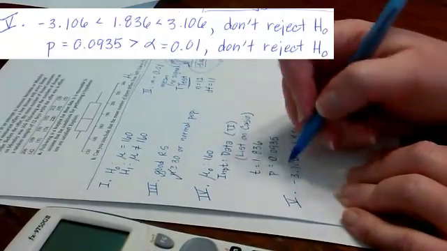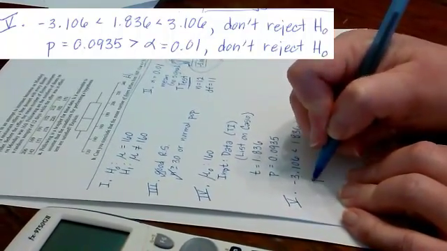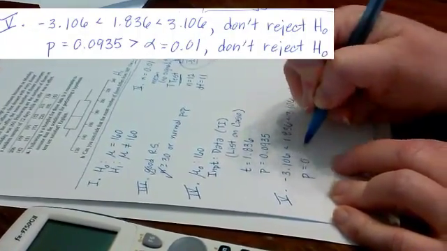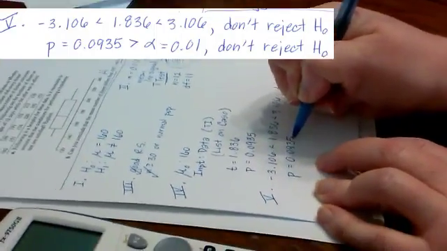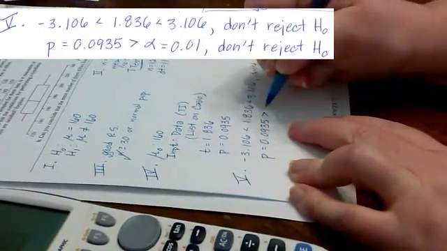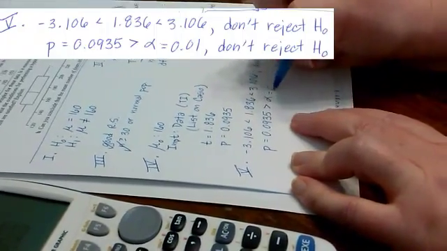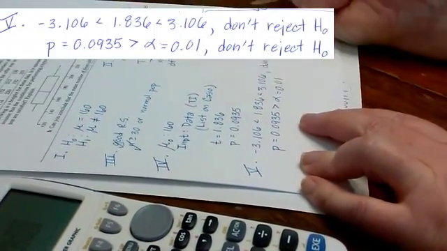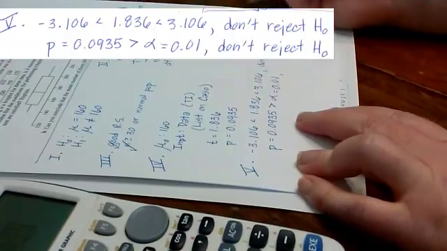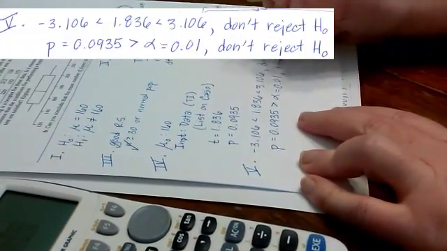And the p-value I'm going to compare to alpha. So I've got a p equal to 0.0935. This is greater than alpha, which was 0.01. And so again, I don't reject.